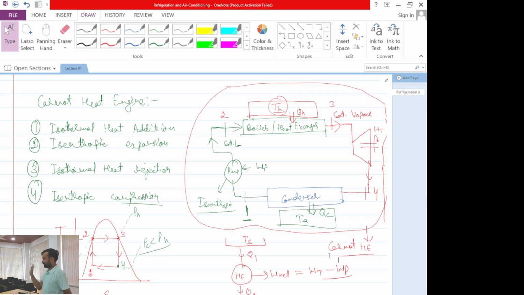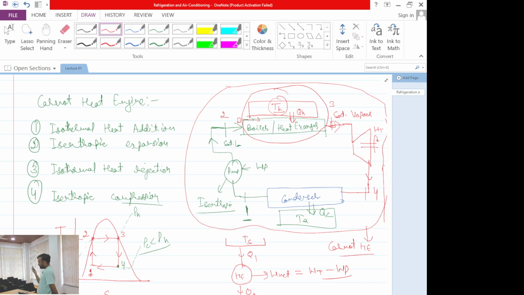Think about this process. How much time will this process take? It means that a fluid element which has entered at this point must take an infinite amount of time to reach this end, and only then will it convert into vapor.